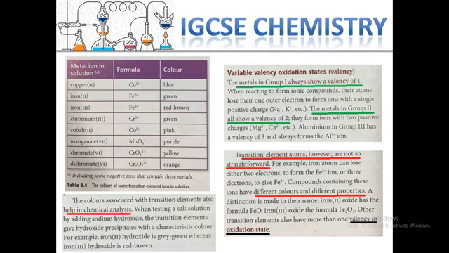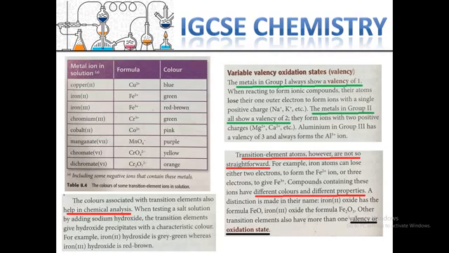Sometimes they are negative, but currently we are talking about metals, which form positive ions. For non-metals, they are negative, and valency can work for negatively charged ions like chlorine and fluorine.